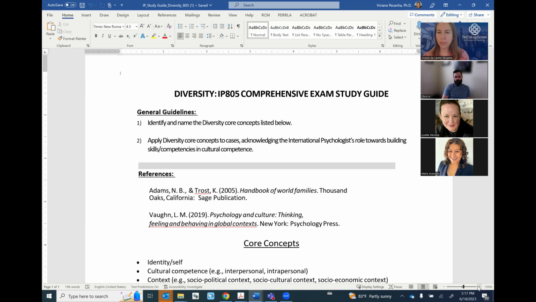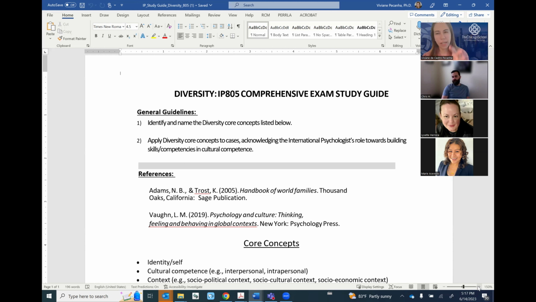How many of you already took IP 805? I already took it because I'm scheduled for the exams in the fall one. Okay, great. So, of course, in order to do the examination, you need to take IP 805.